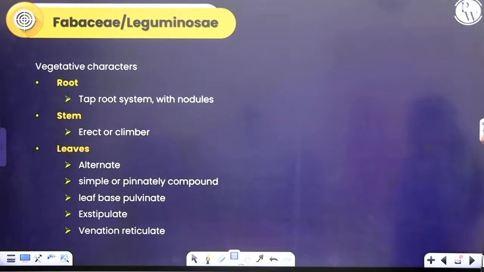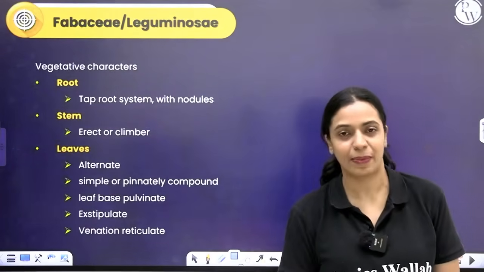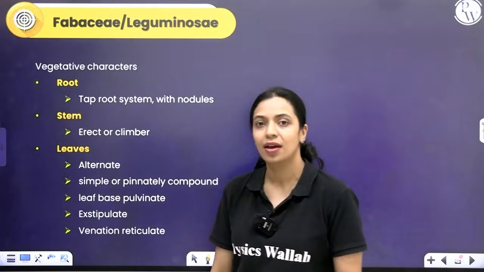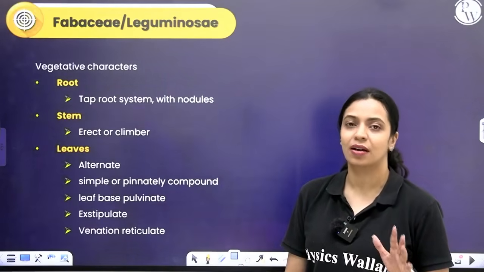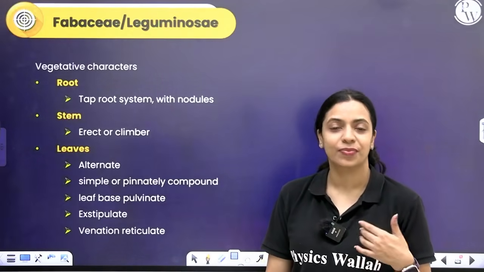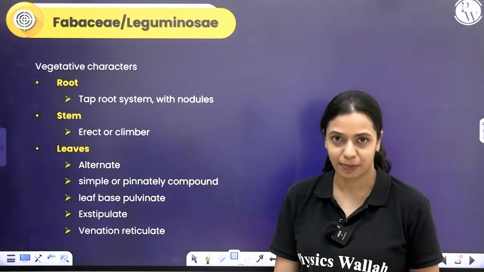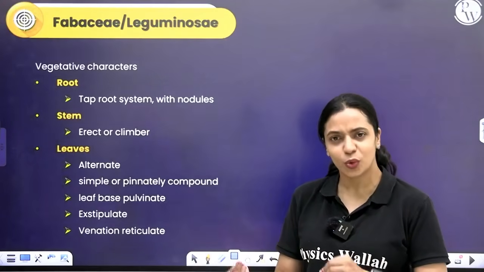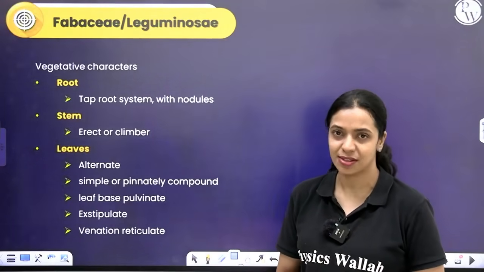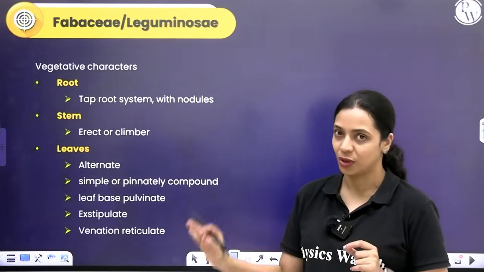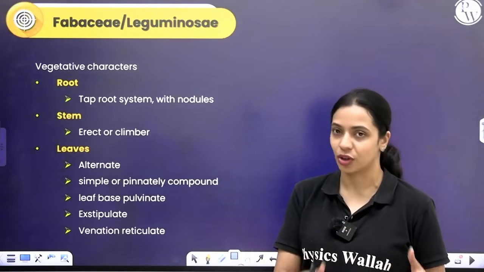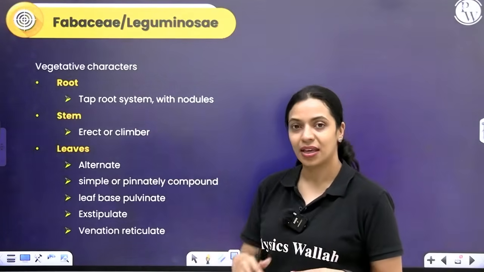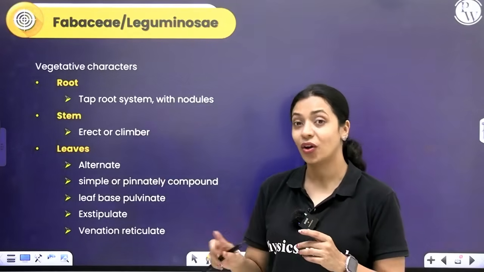Now talking about its vegetative character, since it's a dicotyledonous family, obviously it will have taproot system. And in the taproot system, sometimes there is association of nitrogen fixing bacteria, rhizobium, with the roots of leguminous plants like peas and beans. So in such cases, it will form nodule-like structures. So in the taproot system, nodules may be present. Stem can be erect, or it can be a climber.